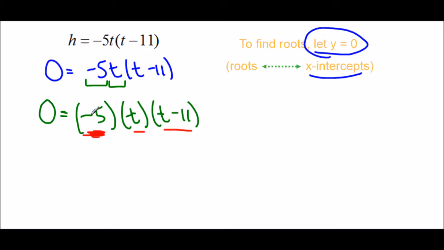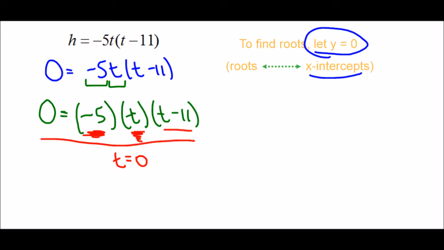It's a constant. I can't touch it. Next factor. Can I make this 0? Sure. If I let t equal 0, what I have is negative 5 times 0 times negative 11. It doesn't really matter what's here or here. If this is 0, 0 times anything is 0, and I have a true statement. So one value of t that makes this true is t equals 0.